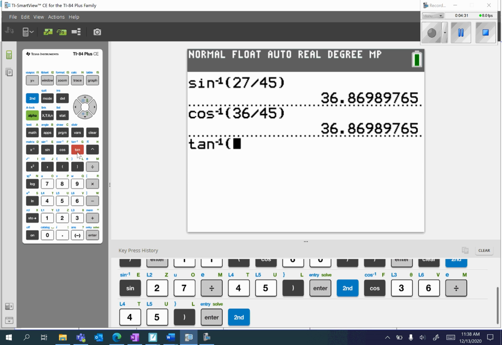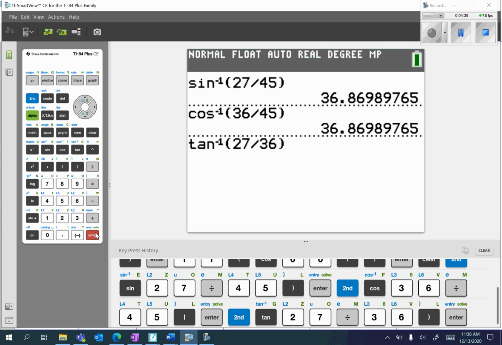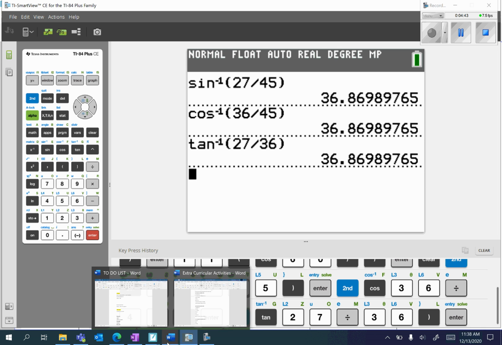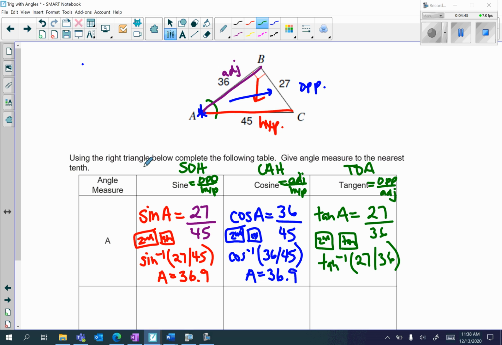And again, we get the same measurement. A is equal to 36.9.